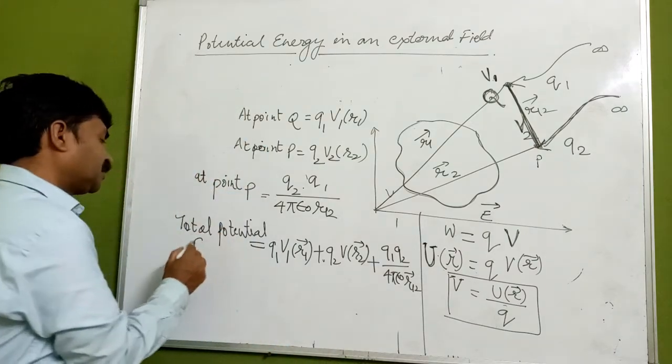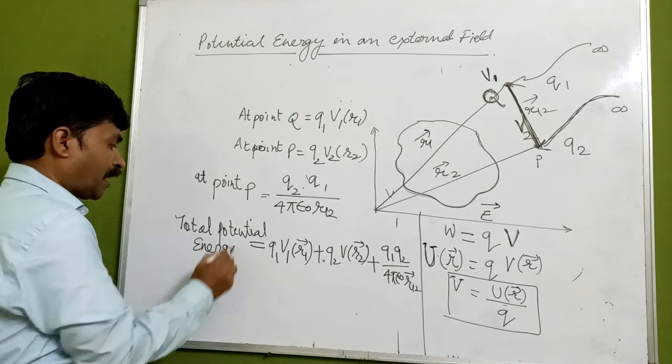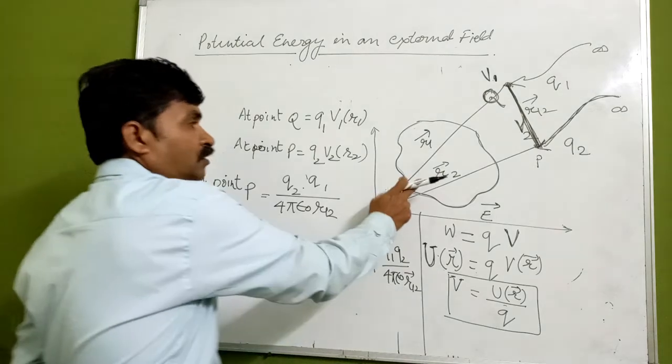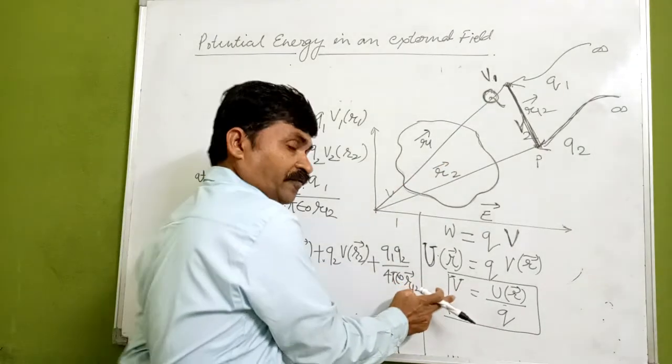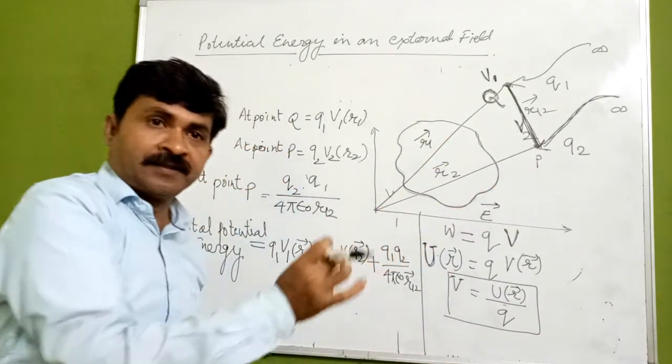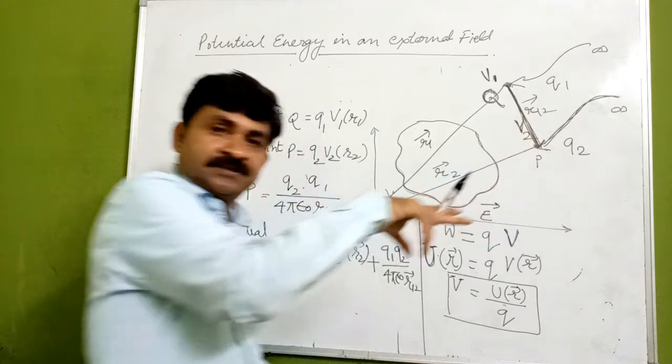So the total potential energy which we are going to have, because in the external electric field we first talked only about one point. Now we have taken 2 points.